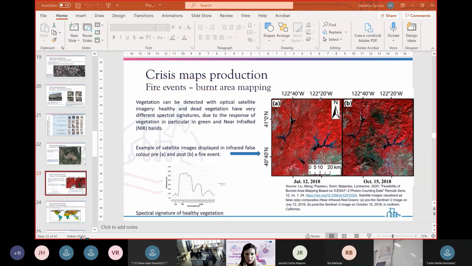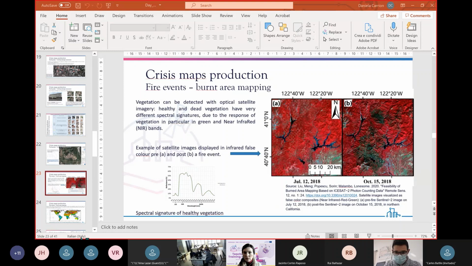This is only visual analysis. If you could go to this address with your laptop or with your smartphone, as you prefer.